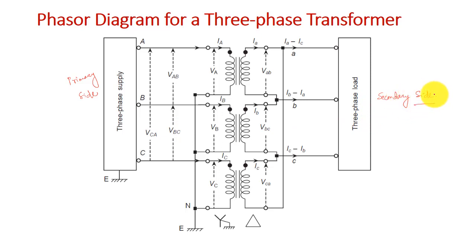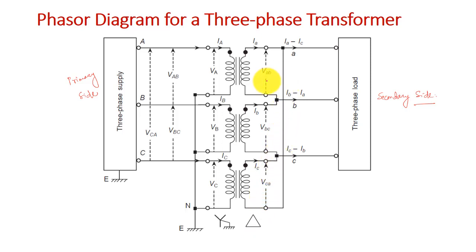Already we know this in the earlier course, and both sides can be changed also. This side can be used as primary side, this can be used as secondary side. It depends upon the use. So this is a star delta transformer where the primary side is connected in star fashion, and the secondary side is connected in delta fashion.